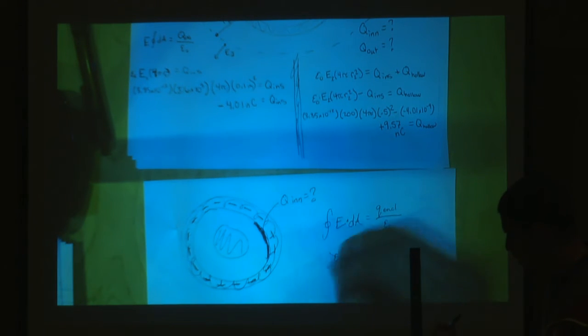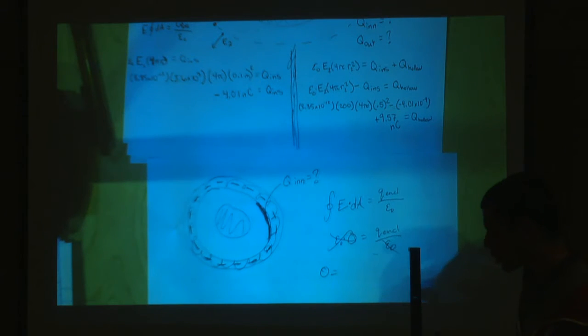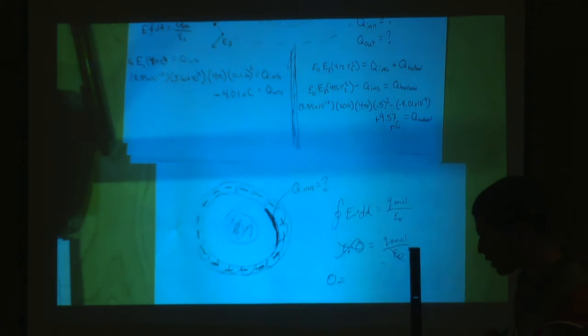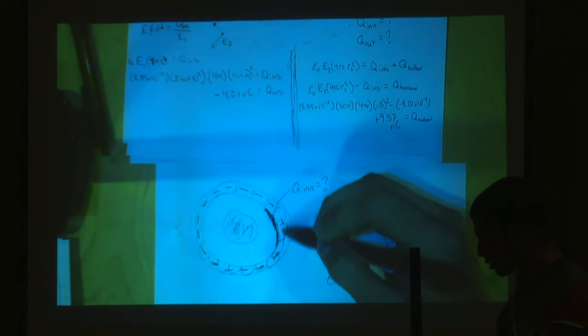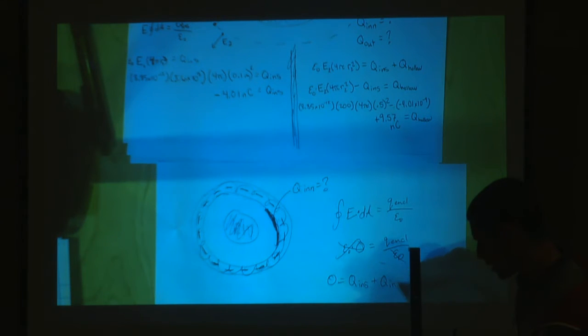Anything times 0 is 0. Thus, we get 0 equals our charge enclosed. But let's break up what our charge enclosed is. Our charge enclosed from this Gaussian surface is the charge of the insulative sphere and the charge of the inner surface of our conducting shell. Thus we'll have Q insulative plus Q in.